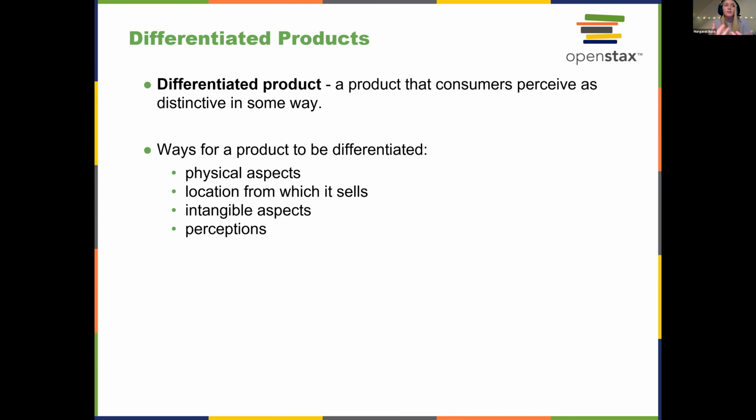So even though there are many different types of businesses that sell clothing, many types of businesses that sell shoes, all the different brands of clothing and all the different brands of shoes are all selling a product that is slightly different from one another, whether it be the physical aspects of the product, maybe some type of clothing is heavier or lighter, made with a different fabric, etc. Maybe when we're talking about shoes, certain types of shoes are slimmer or sleeker versus other types of shoes, et cetera.